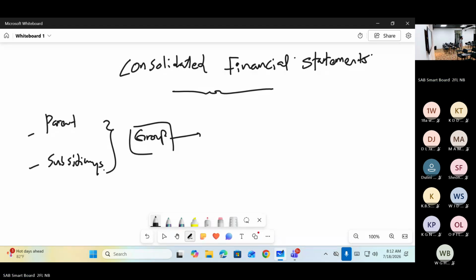Subsidiary is an entity that is controlled by another entity.